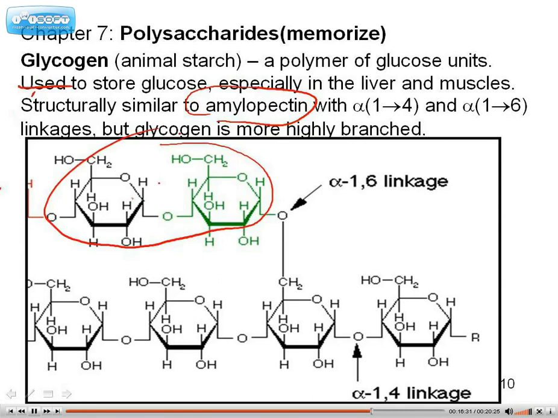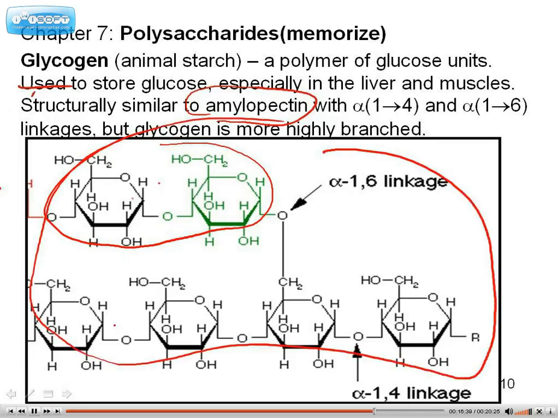You don't have to know the difference or indicate that. Simply sketch what you see right here. Same exact thing. You need to draw the glucose units with the alpha 1,4, and then occasionally you'll draw an alpha 1,6 linkage.